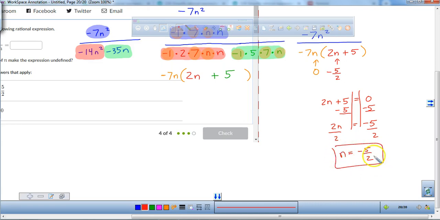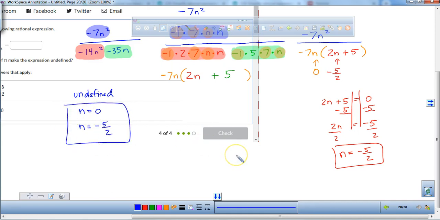Now, when you plug this answer in, it makes the denominator equal to 0. So my expression is undefined at n equals 0, and it is undefined at n equals negative 5 over 2. So I'm going to choose those two answers in the multiple choice section.